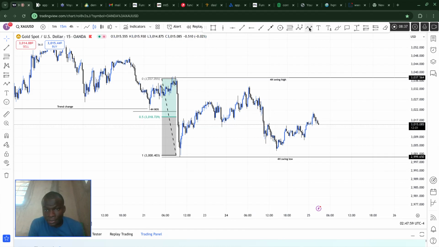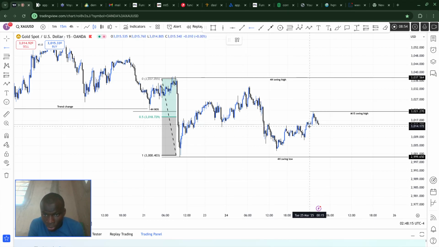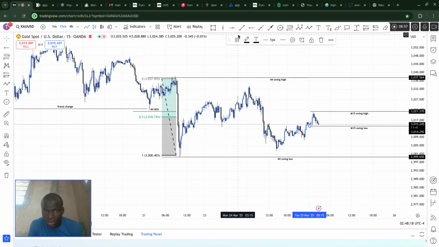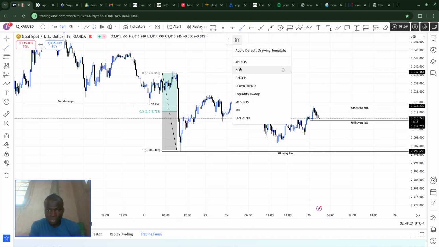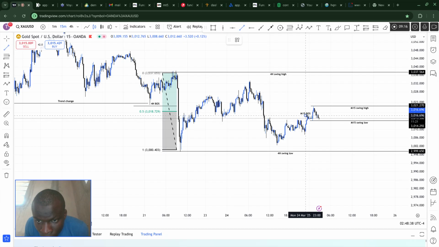So as you can see here, we have an M15 high, and a 15-minute low, and a 15-minute break of structure. A 15-minute break of structure.